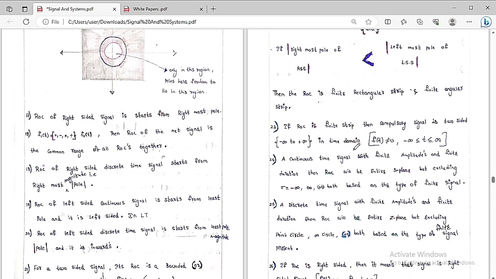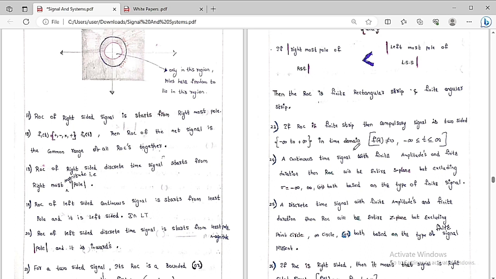A two-sided signal is one which is neither right-sided nor left-sided. So finally, just by seeing the ROC, if it's a finite rectangular strip or finite angular strip, then definitely we can say the given signal is a two-sided signal in the time domain.